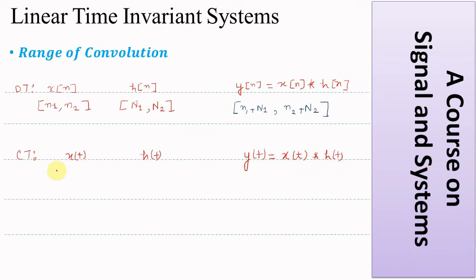If xt is ranging in time from t1 to t2 while ht is ranging from capital T1 to capital T2, very similarly the range of yt shall be t1 plus capital T1 up to t2 plus capital T2, and this will give us the range of time for which the resulting convolution exists.